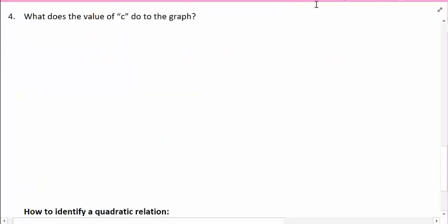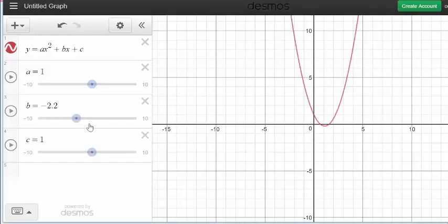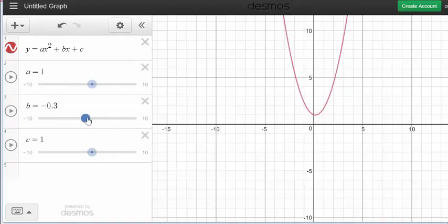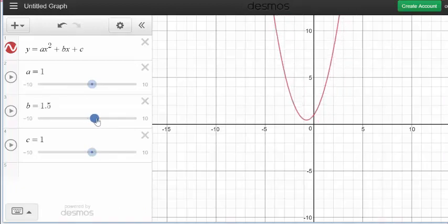All right, let's take a look at what C does to the graph. So let me go back to Desmos here. Let me change this back to 1. And right now, C is 1. Are you watching? C equals 1. Let's see, C equals 2.